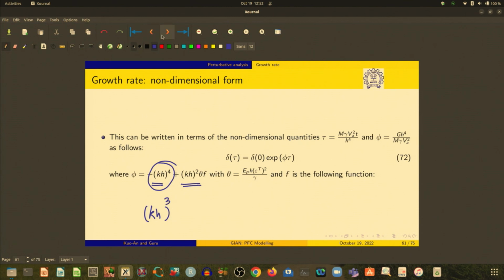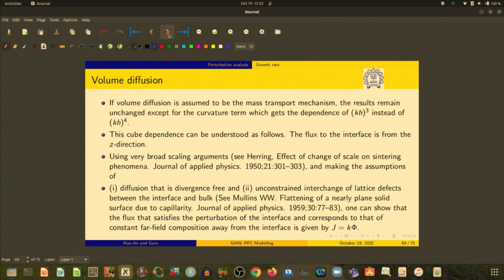Okay. Now, why? This is physics and this is some really old physics, but really beautiful physics. You should go back to these papers and see. One is from Herring, effect of change of scale on sintering phenomena in Journal of Applied Physics in 1950, and he makes a couple of assumptions that diffusion is divergence free. What does that mean? Dou c by dou t is del squared c, divergence free is del squared c equal to 0.